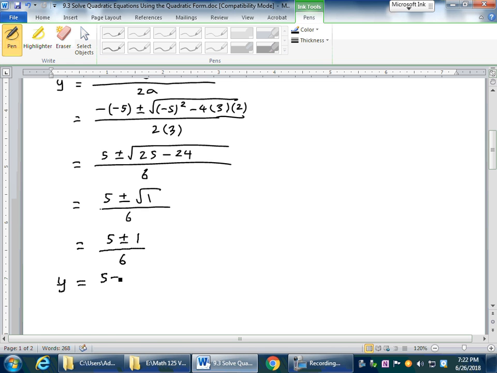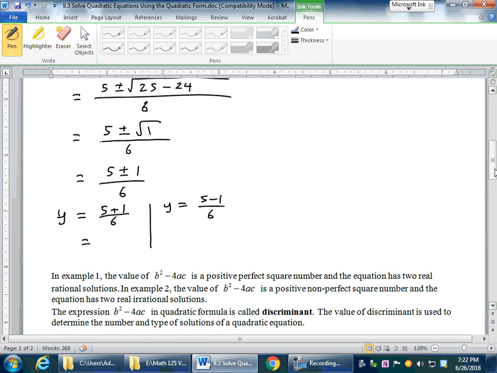It tells me 5 plus 1 over 6, or the other solution is y equal to 5 minus 1 over 6, which is 6 over 6, equal to 1, and then 4 over 6, which gives me 2 over 3. So this gives us two solutions, which are 1 and 2/3.